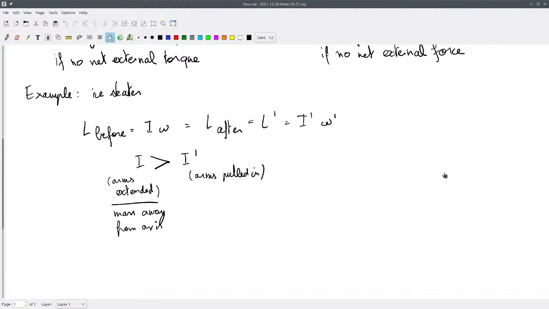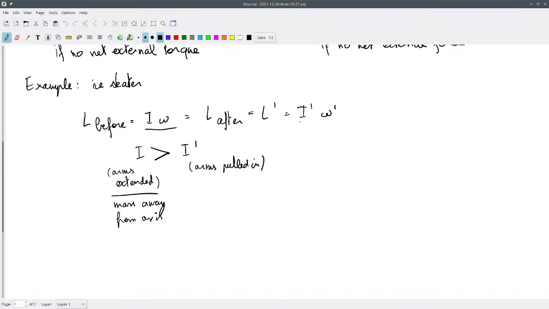If I is greater than I prime, now we can go back to our expression here. We can solve this expression for omega prime. Omega prime will be I over I prime times the original omega.